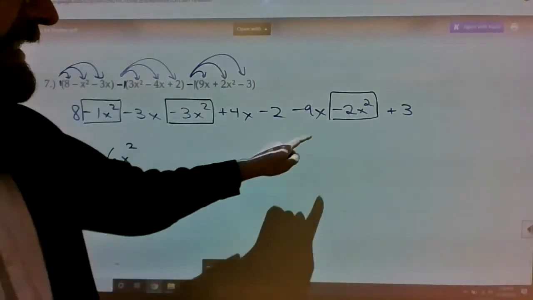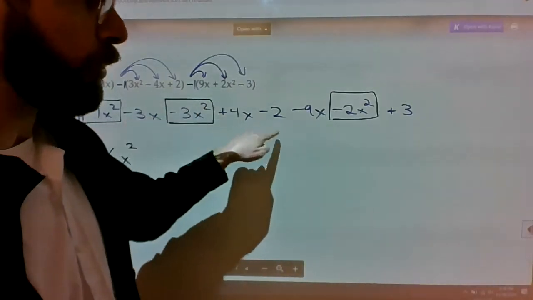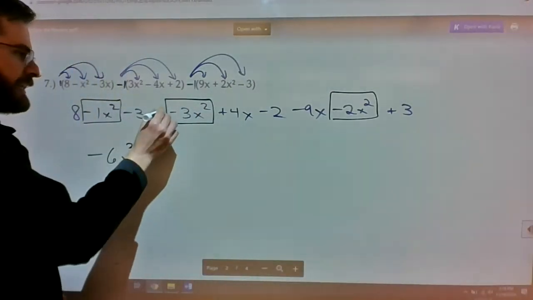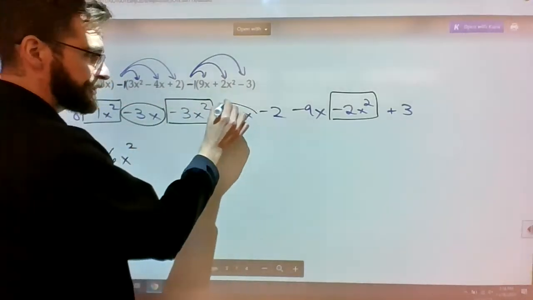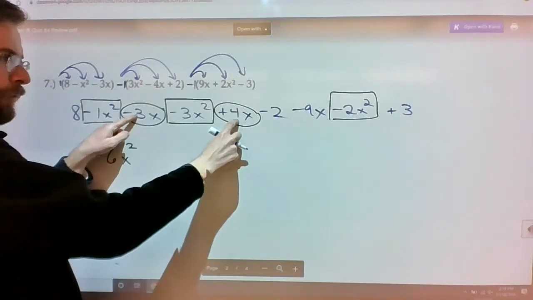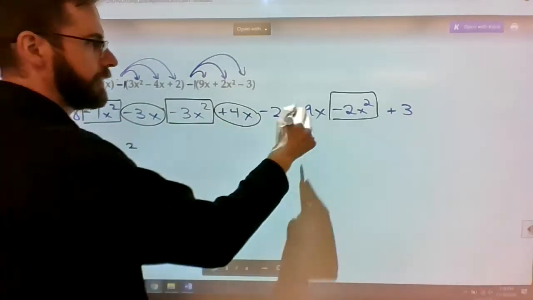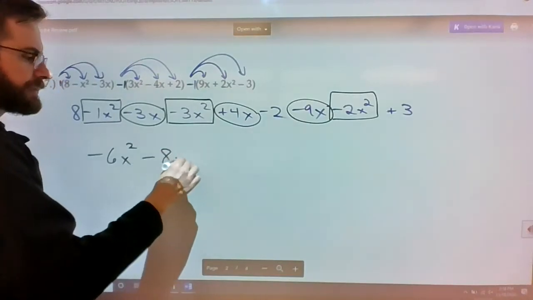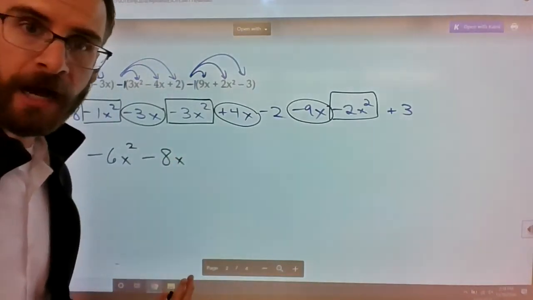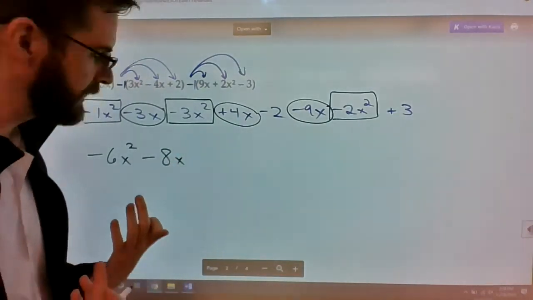Standard form means the x terms are going to come next before the constants. So I'm going to take -3x plus 4x. A -3 plus 4 is going to be positive 1. Positive 1 minus 9x is going to be -8x. And again, you can check that on your calculator if you can't do all that math mentally.